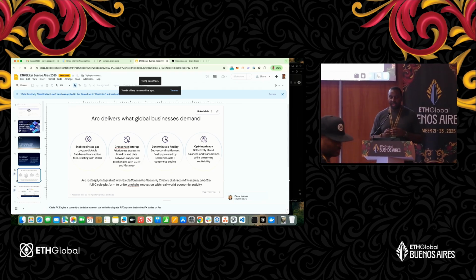We have combined Malachite, the consensus engine, which is like Tendermint rewritten in Rust, and it gives us the ability to actually get to that sub-second finality with very fast consensus. We've also combined it with the Ethereum execution layer written in Rust, which is Reth.